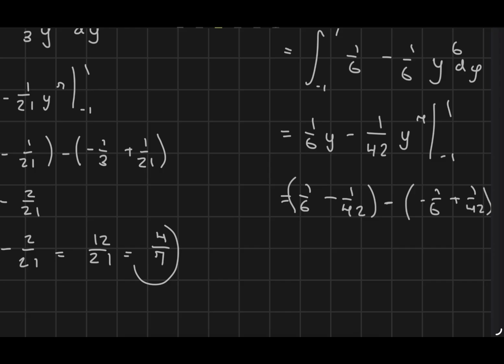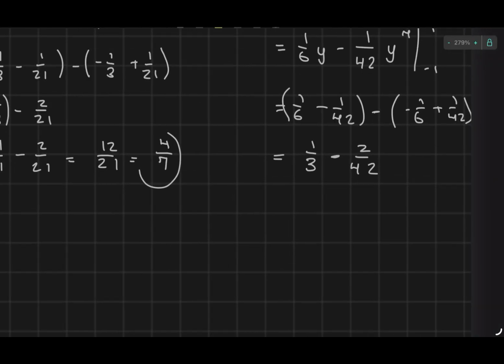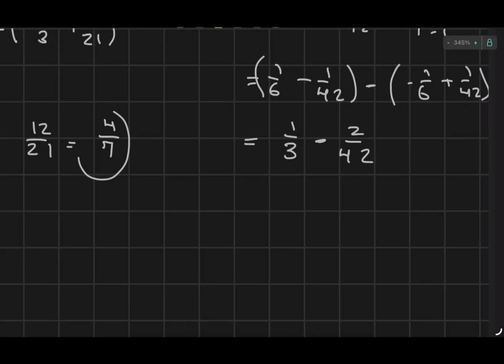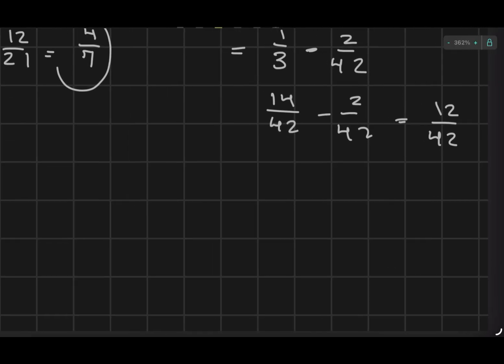This is going to equal 2/6, which is equal to 1/3, minus 2 over 42. 14 over 42 minus 2 over 42, which is equal to 12 over 42. Simplifying that, divide both by 6, it's going to be 2 over 7.